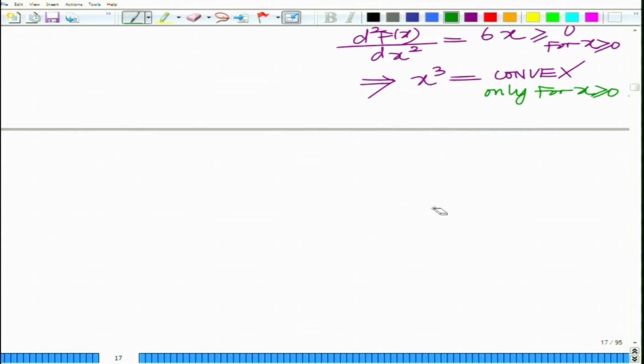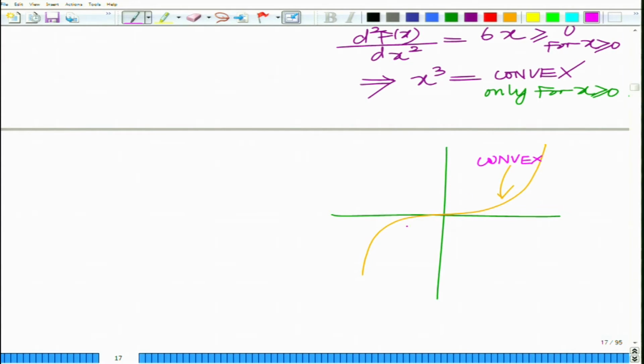If you plot x cube, just to refresh your memory, it looks something like this. All right, so this part is convex, and for x less than 0 it is concave. Okay. All right.